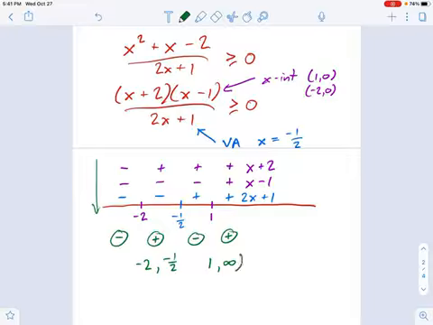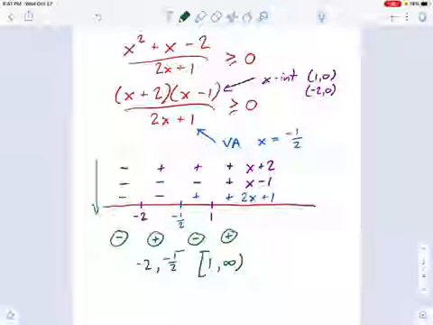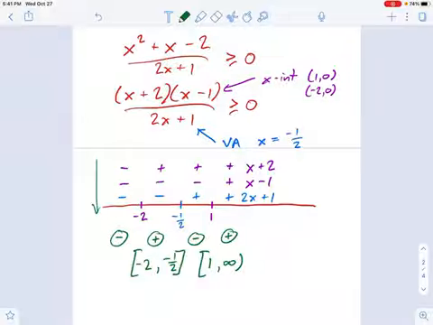Now the question is, what type of brackets or parentheses do we put on these things? You might be tempted to say, because it is greater than or equal to 0, it's all going to be brackets. That's not quite true. X-intercepts are fine. If I say x equals 1 and plug that into my equation, yes, I do get 0. But there's one that causes me problems.